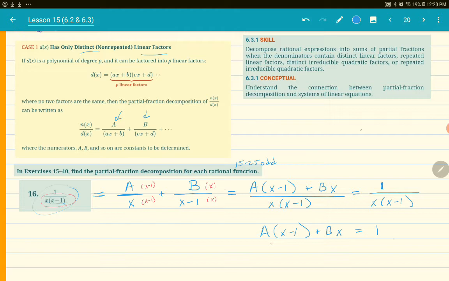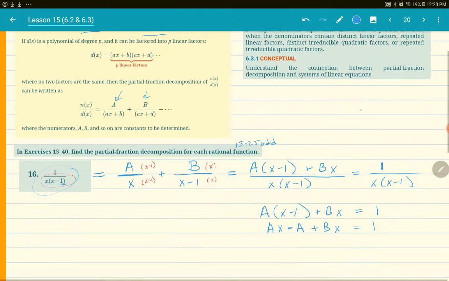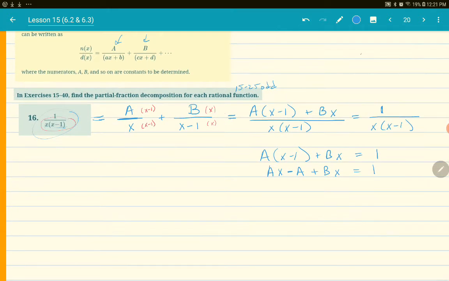I'm going to distribute my a to get rid of my parentheses, and I get ax minus a plus bx equals 1. And then combining like terms, ax and bx are like terms. So I can write a plus b times x. And the minus a is a constant.